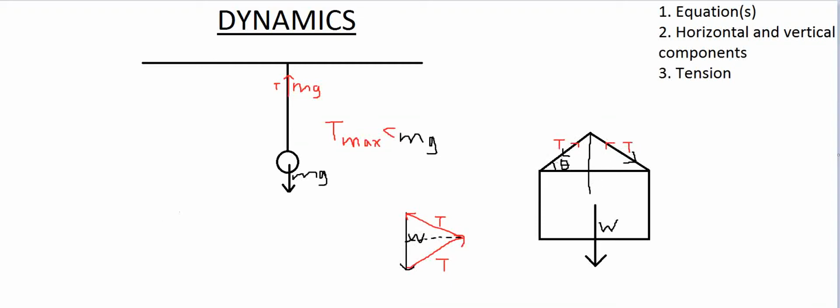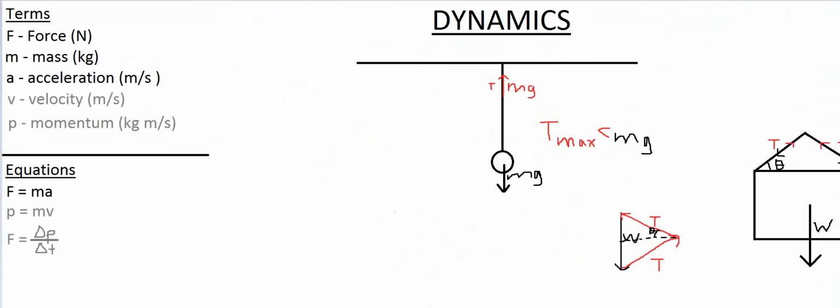The vertical component is T sine theta here, and T sine theta here, added together as 2T sine theta.